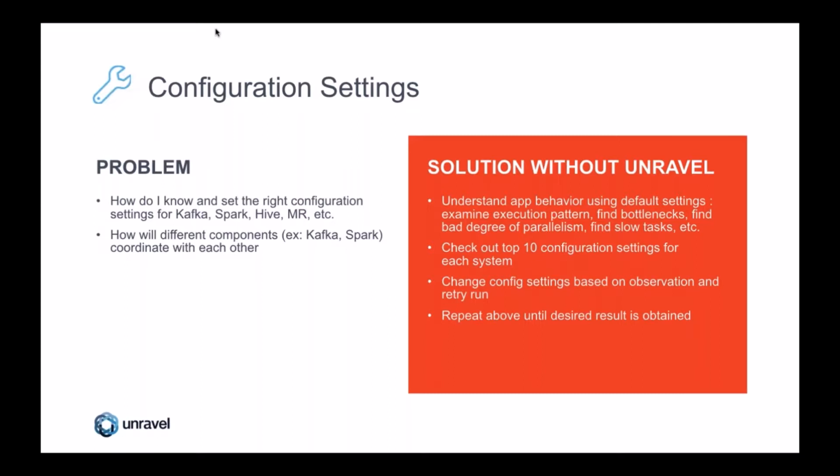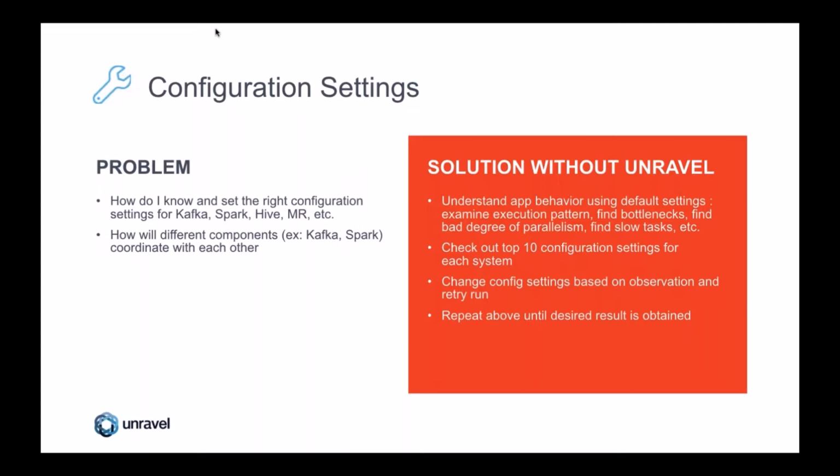You would then open up that application either in Uzi or in Job Tracker or Airflow and understand how this application is behaving. Which execution stages are bottlenecked right now? Are there any slow tasks or stragglers in this particular execution?